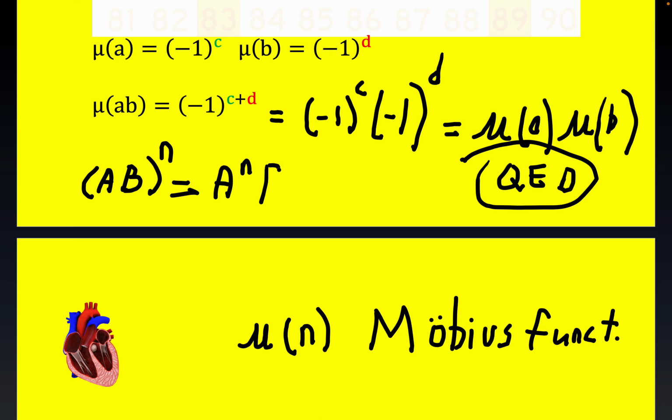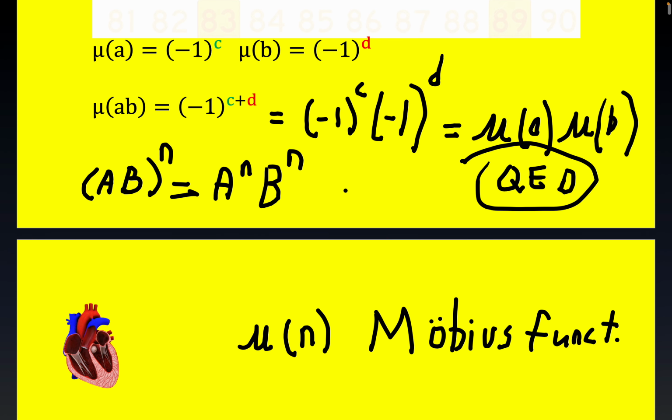This is basic, like middle school level, maybe even secondary school, I don't know. But this is true just simply because A and B commute. You can just huddle them all together and get this. And that's the property that we used to prove this result, just a basic result from algebra, properties of exponents.